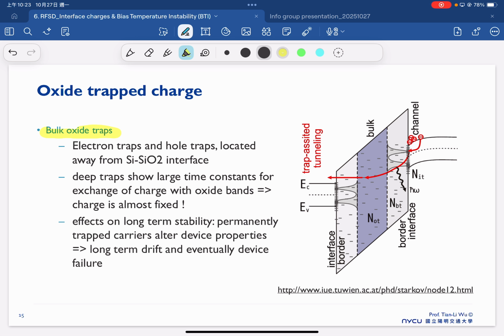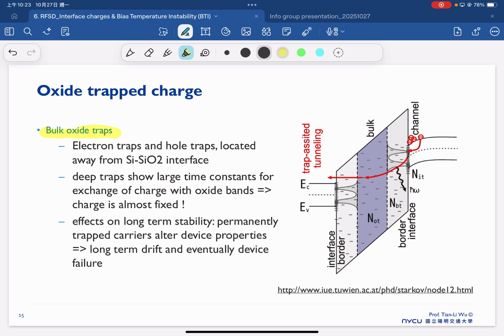In the early days, people only proposed the interface state, but later they found out that the interface state is not the only reason. There's trapping inside the dielectric, and they found that we have different trapping depths.